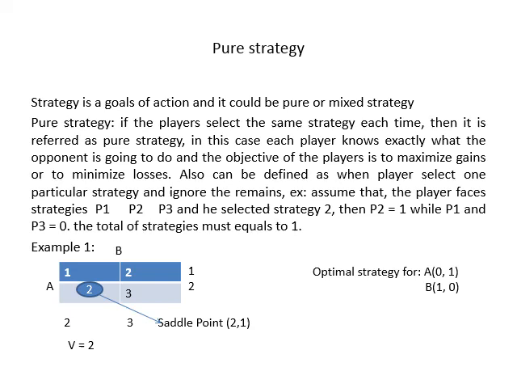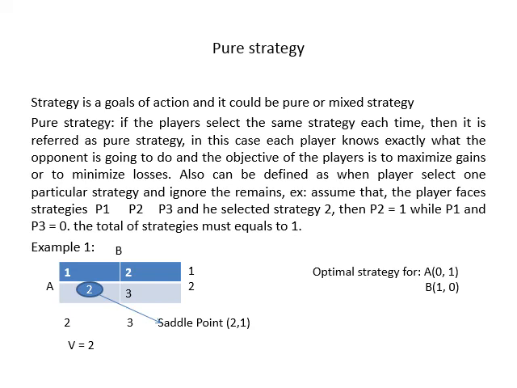Because player A chose the second strategy, or the second row, not the first row, then the first row strategy equals 0. 1 means he chooses the second strategy.